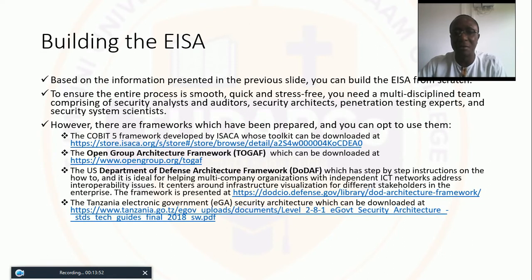Okay, based on the information which I shared with you in my previous slide, you can build the EISA from scratch. Actually, I normally encourage people to build the information security architecture from scratch because the information is available.